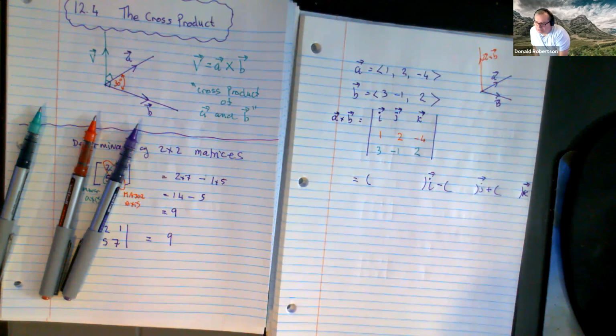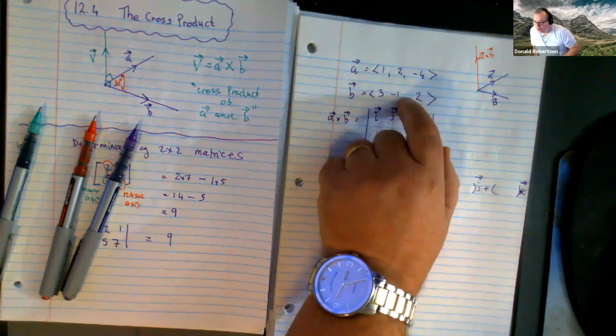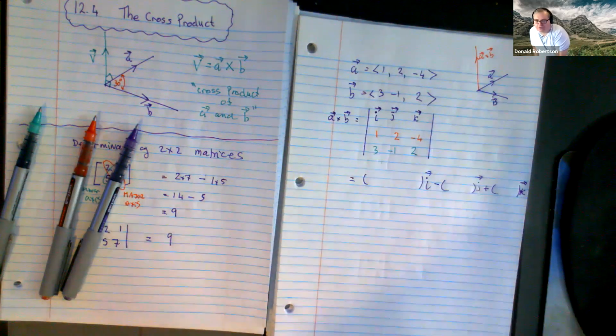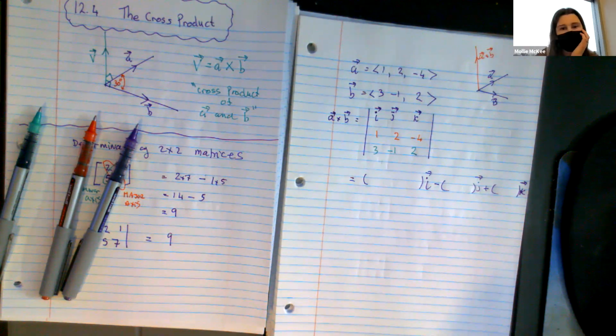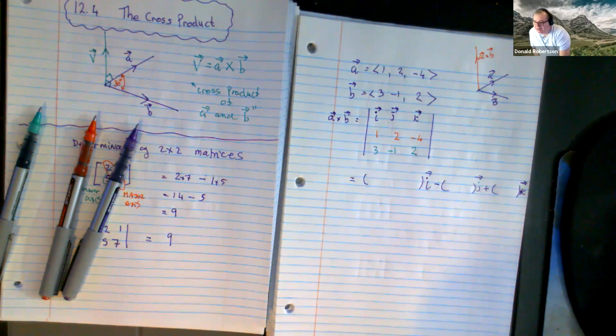Are we okay with the structure so far? Every cross product is going to be done the same way. The only difference is these numbers. So once you've done this one, you've done every single cross product in the universe, right? Wait, so why does the J have a negative in it?